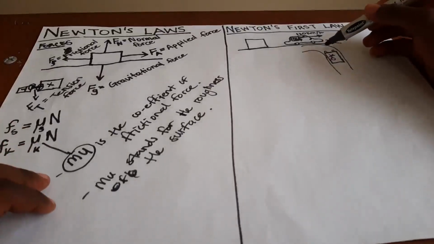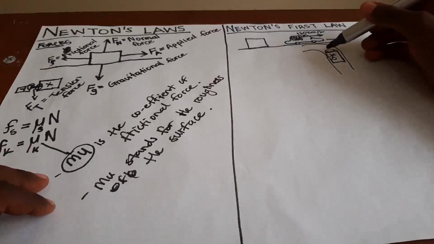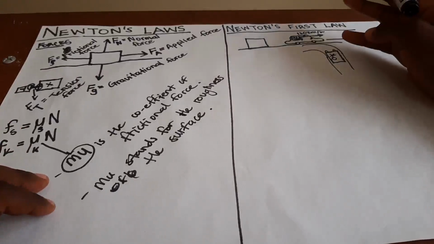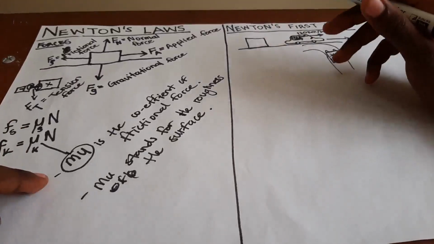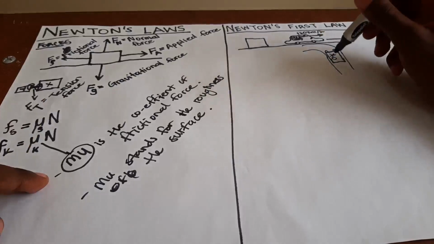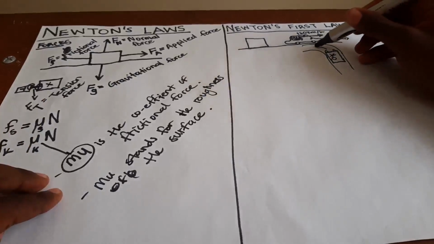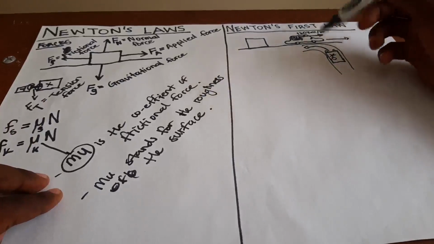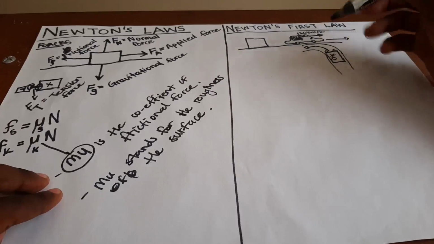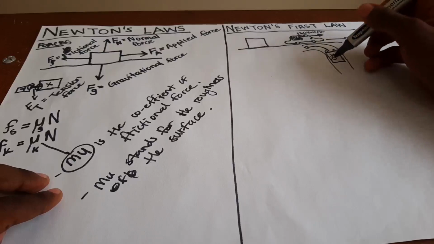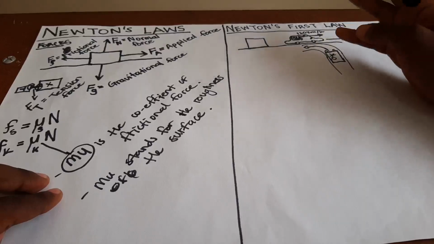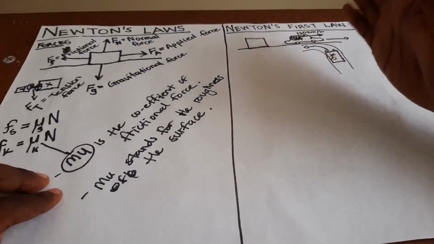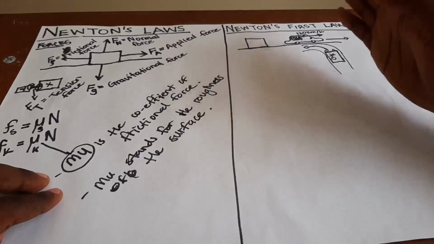When the car turns, you are at the same speed as the car. So if this car turns, you as a passenger are going to tend to move in a straight line at constant velocity.